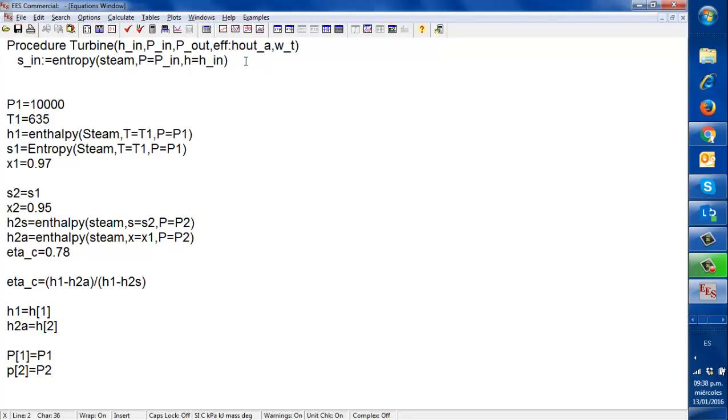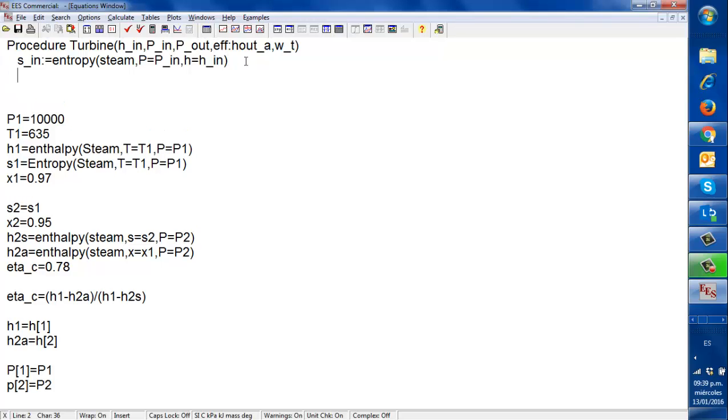Okay, so in this case I am computing the entropy at the inlet of the turbine. Then I will compute the enthalpy out S, because I know that I can compute the enthalpy if I have an isentropic turbine.